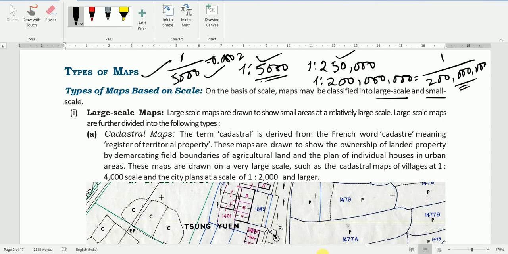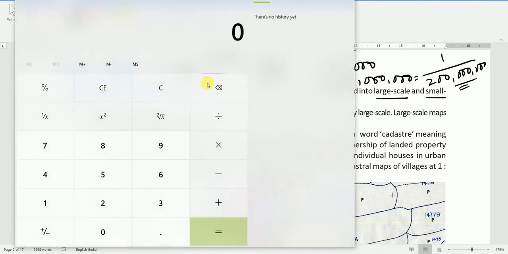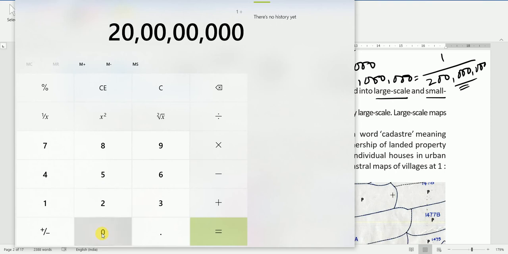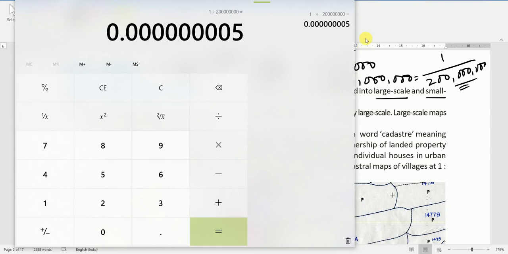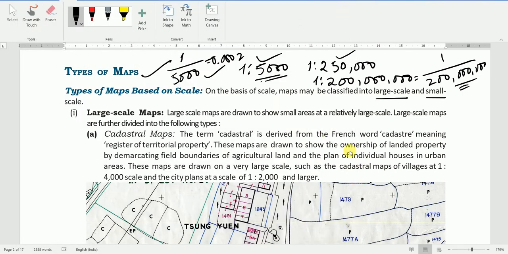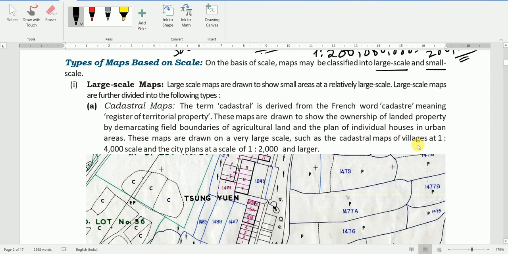Okay, so this is the result. And again, if you divide 1 by 2 million, see the value here. It is much smaller, and that is why the fraction is small, and that is why we call them small scale maps.